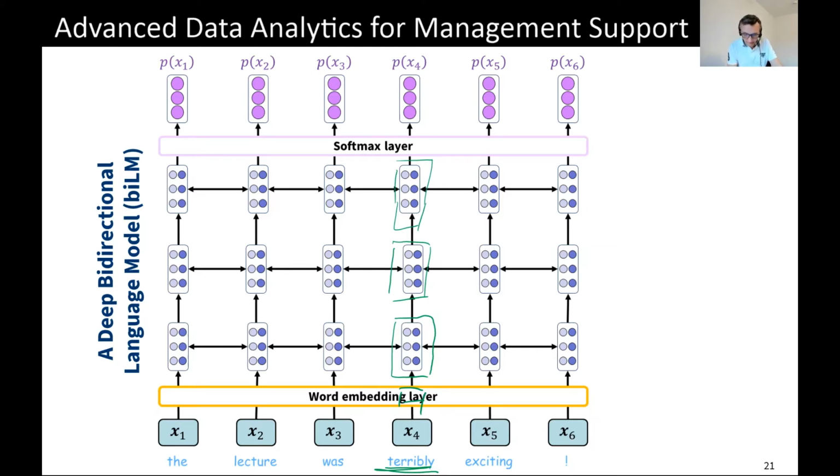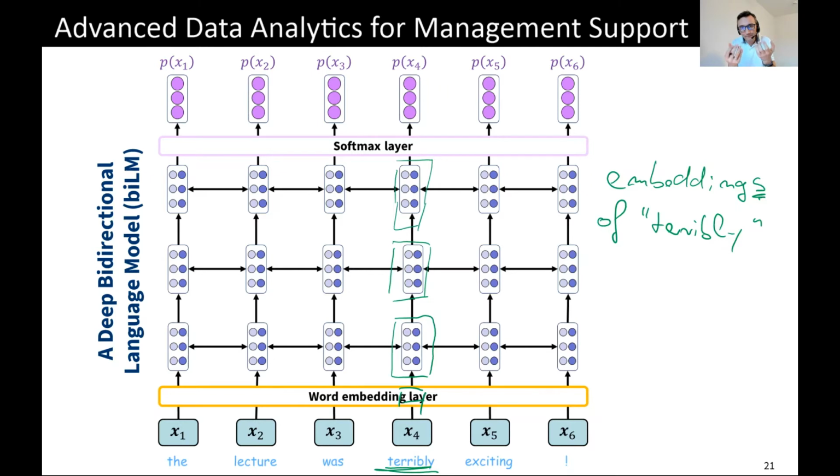And as far as the 3 RNN-based embeddings are concerned, these that I have highlighted, note that they, well, let's write that down. The embeddings, plural, that's important because we have multiple embeddings of our token terribly.